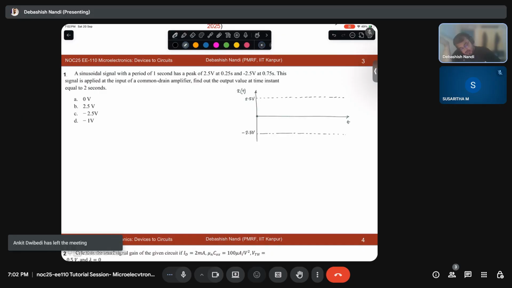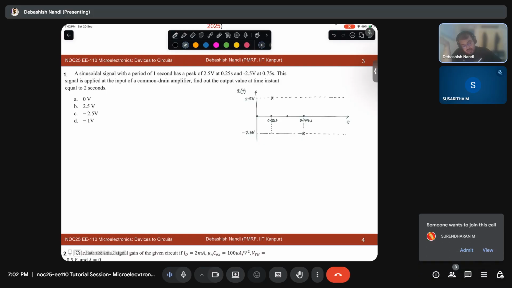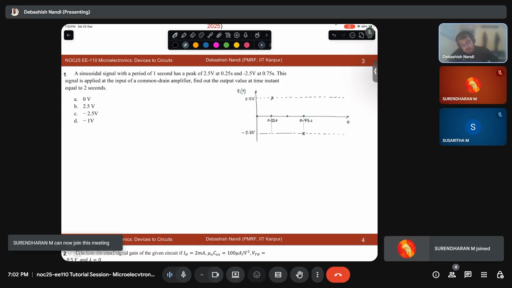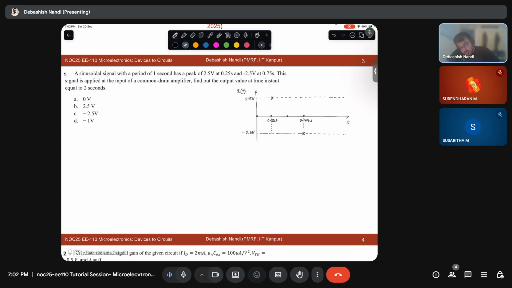At 0.25 seconds, it has a peak. Then at 0.75 second, it has a trough or dip, and then so on. So the sinusoidal signal will somewhat look like this.